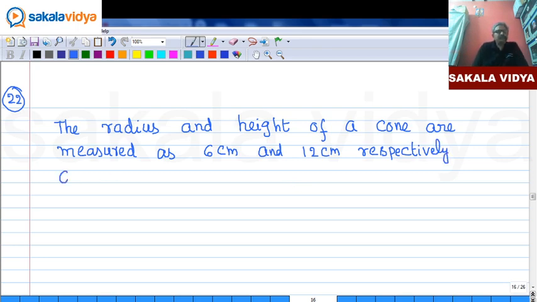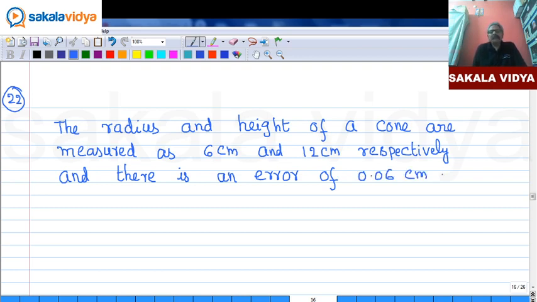And there is an error of 0.06 centimeters in both the measurements.